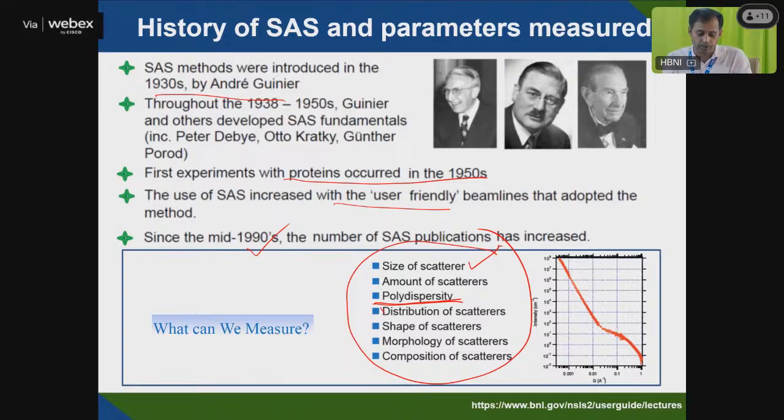You will get information about whether it is spherical, hexagonal, or cylindrical, all that information. Then what is the shape, that morphology, then the composition of the scatterer. You can get some information about that.